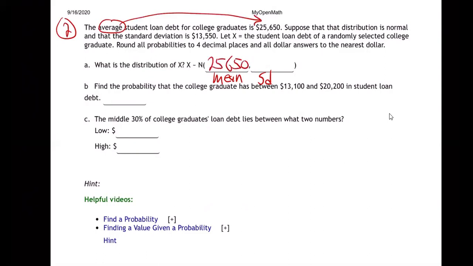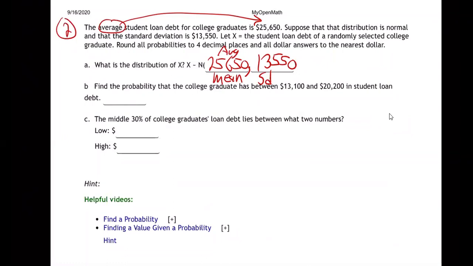Don't put any commas, because there's already a built-in comma. The standard deviation is 13,550. So give them the mean, which is the same as the average, and the standard deviation.